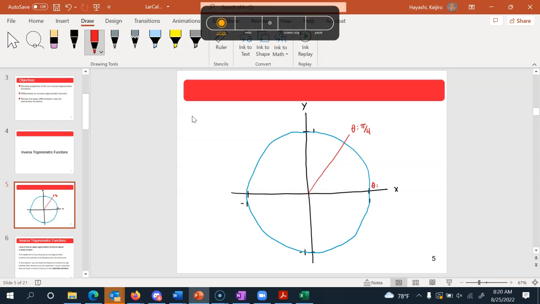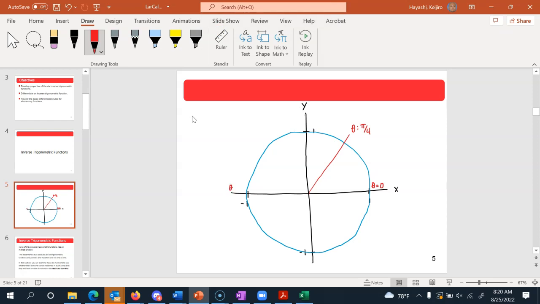So this is theta equals 0. And if the whole circle is 2 pi radians around, that means halfway around must be pi radians. A quarter of the way around must therefore be pi over 2.